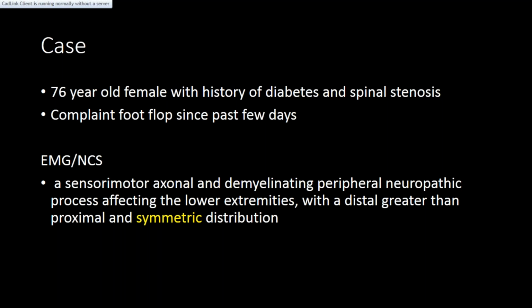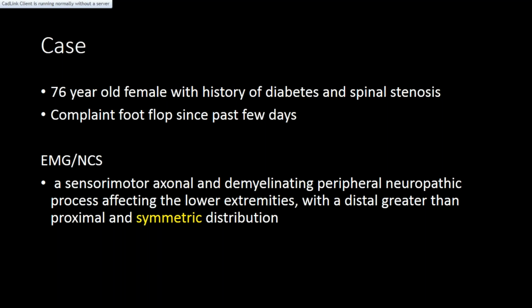She was referred because there was a suspicion that maybe she's developing an asymmetrical neuropathy, or there is worsening of spinal stenosis, or, although it's less likely, we need to rule out fibular nerve entrapment at the fibular head.